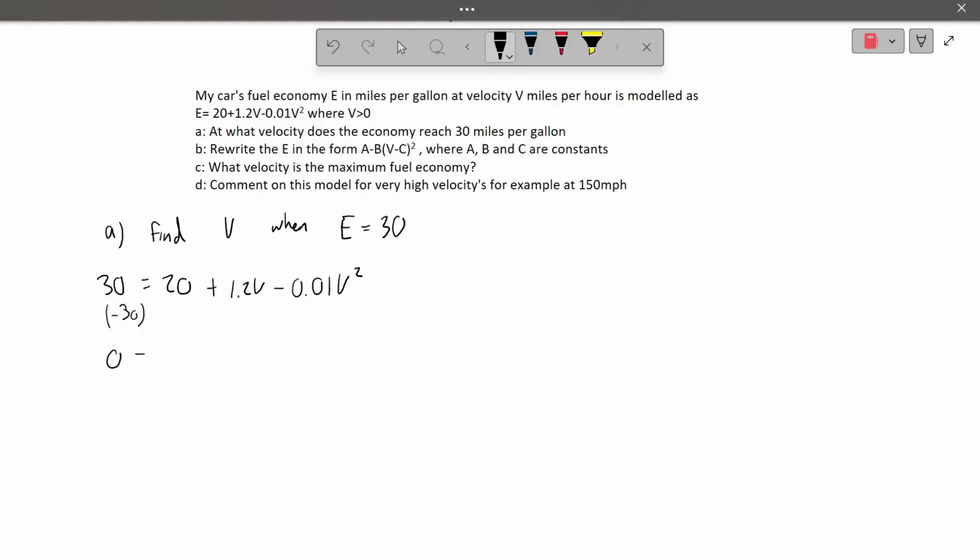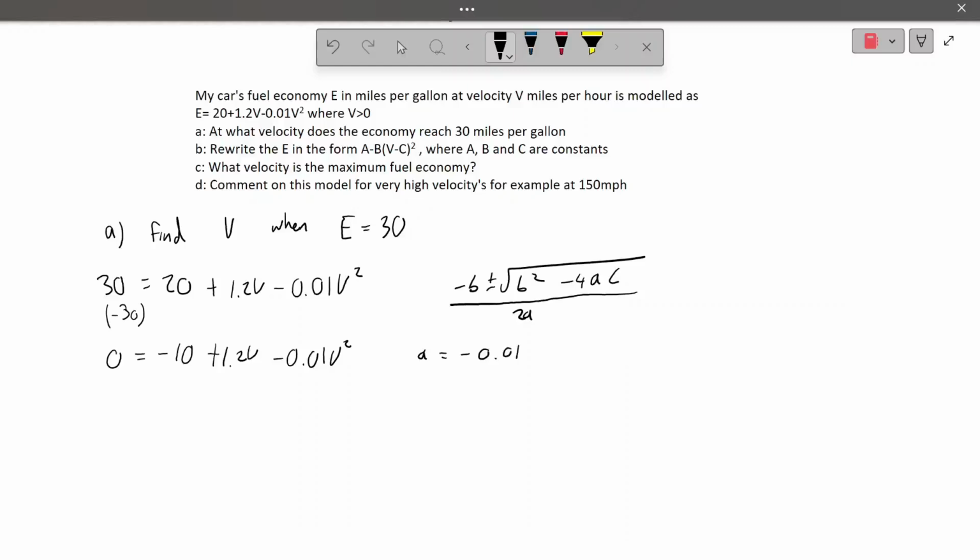So you get 0 equals minus 10 plus 1.2V minus 0.01V squared, where the quadratic formula is minus b plus or minus the square root of b squared minus 4ac all over 2a. A in this case is minus 0.01 because that's our number of V squareds, b is our number of V's, which is 1.2, and c is minus 10.